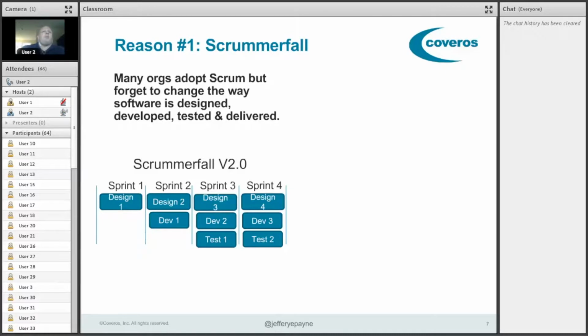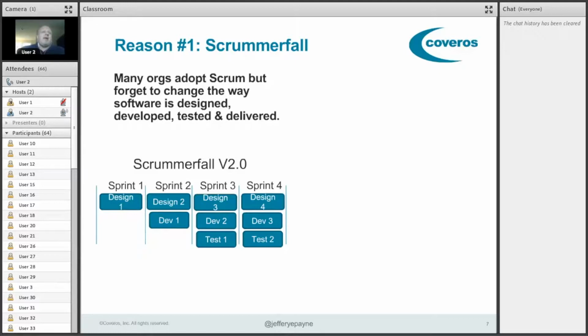Of course, the problem with this is our goal in a sprint is to deliver working software at the end of that sprint because we're trying to get it in front of the customer as quick as possible. And in this model, we're not going to have anything to show to a customer for 3 sprints.